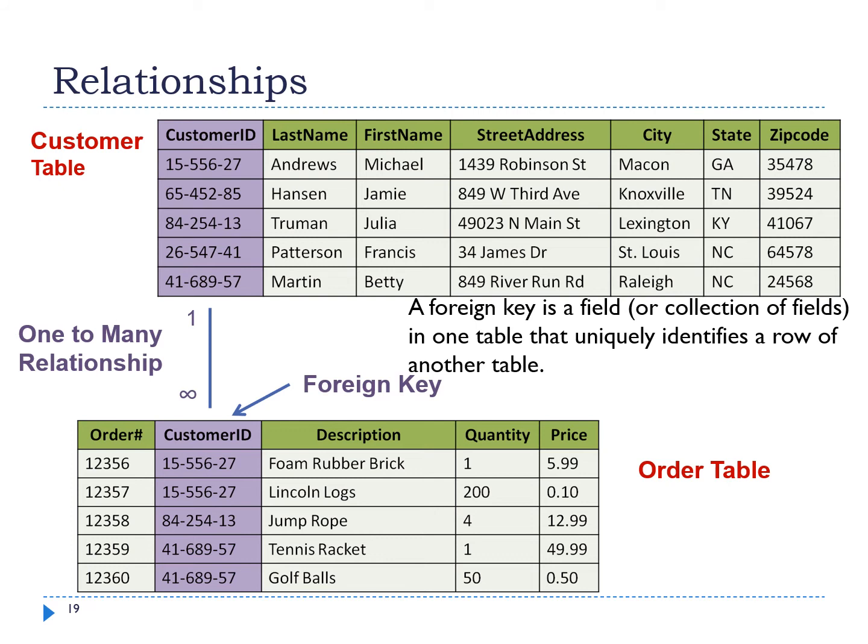We also have an order table, and the order number is the primary key in the order table, and customer ID is the foreign key in the order table, because it can uniquely identify a row of another table, which is the customer table. In this way, customer ID establishes a link between the customer table and the order table.